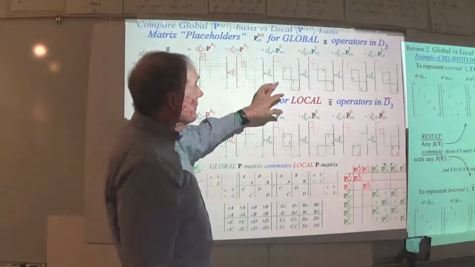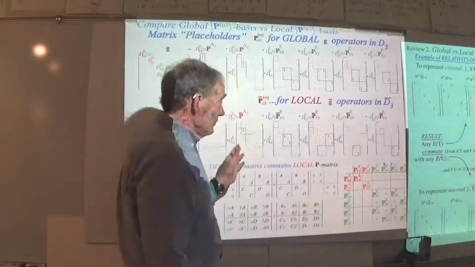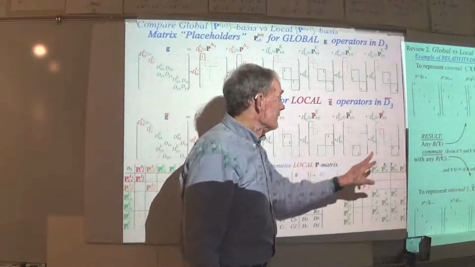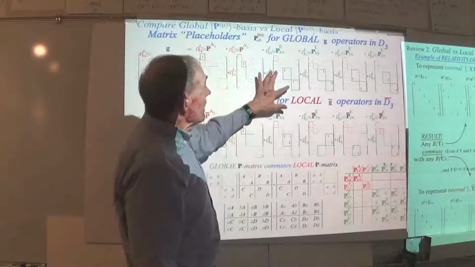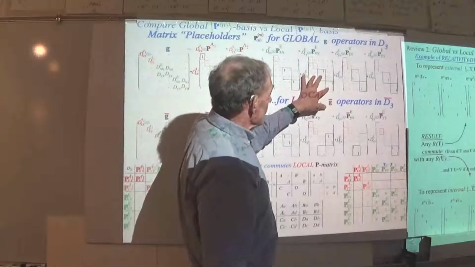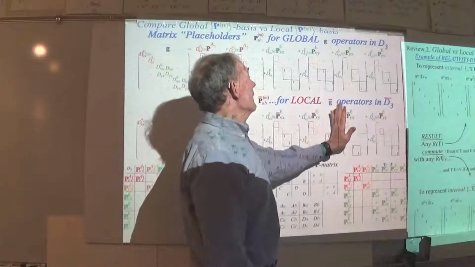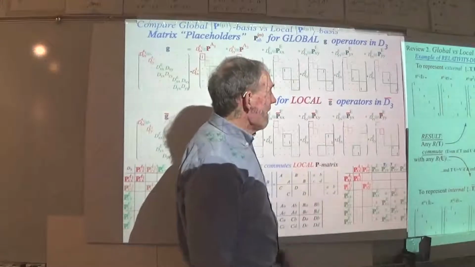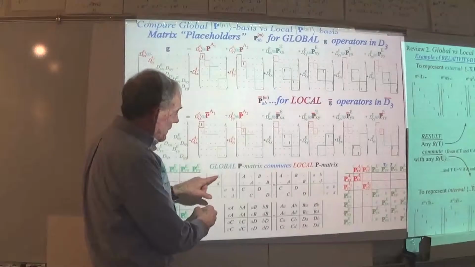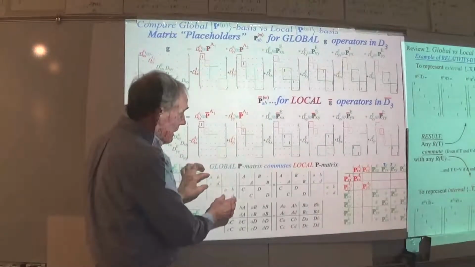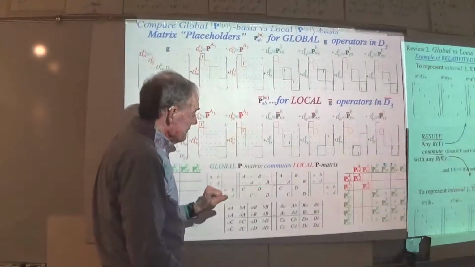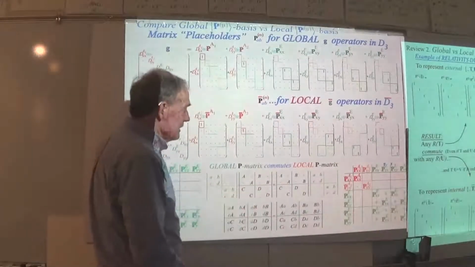These are the global guys, and they fill up the blocks on the diagonal. These guys make use of the stuff that's off diagonal. They always do it with a unit operator, right? Here this guy has two 1s. Here the two 1s are together. This guy's got two 1s off in the corner. These guys got a unit matrix up here, right? So, here I go A, B, C, D, and then I go A, B, C, D in a block. This one goes A, B, A, B, B, C, C, D, D, okay?